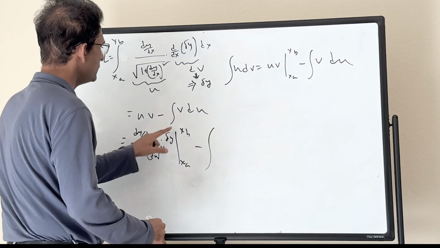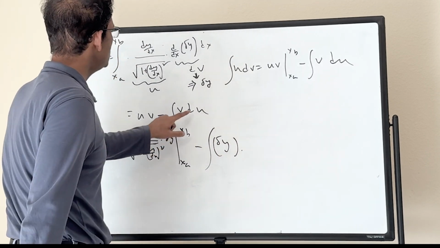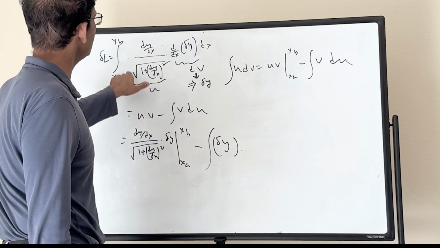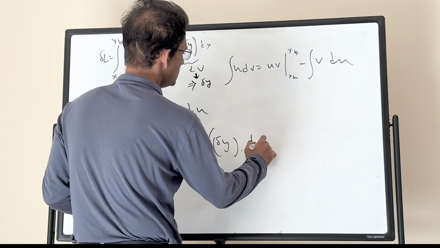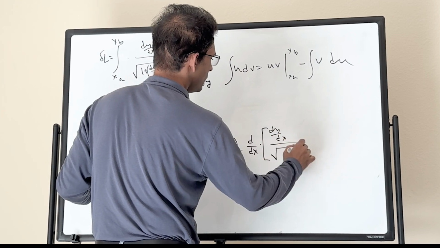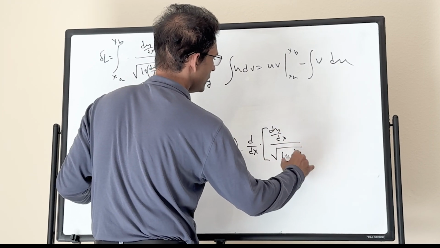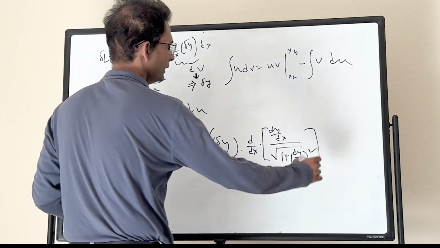And then minus, I'll need that v again, so v is delta y, and then du. du is the differential of this, which is d dx of this whole thing, dy dx divided by square root of 1 plus dy dx squared, and dx.